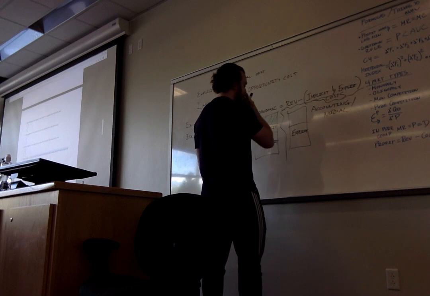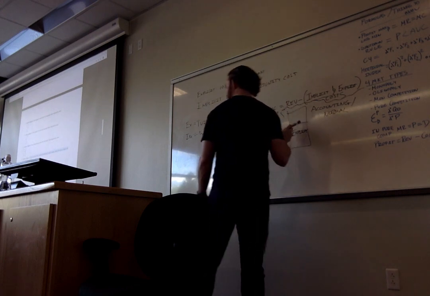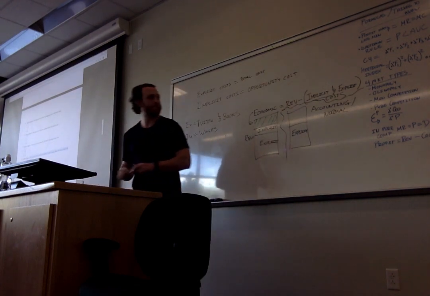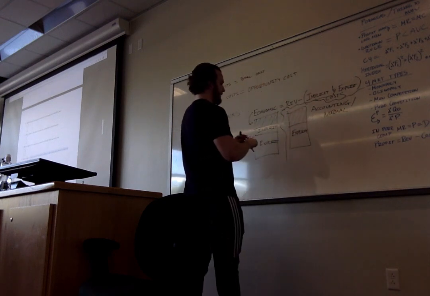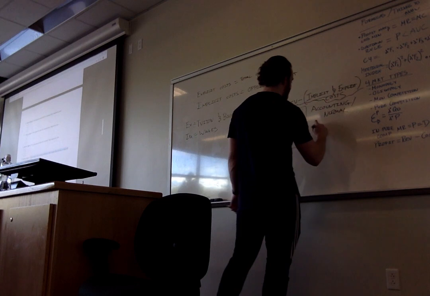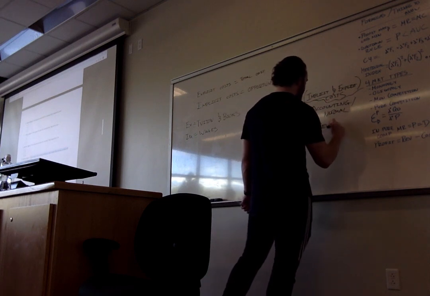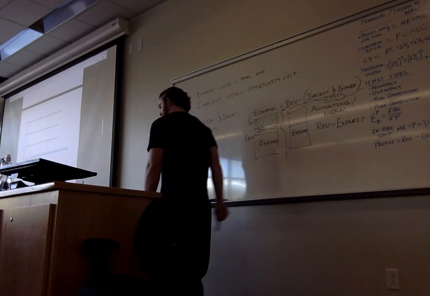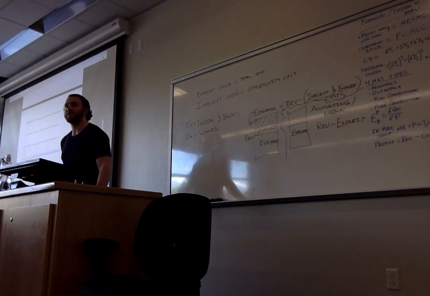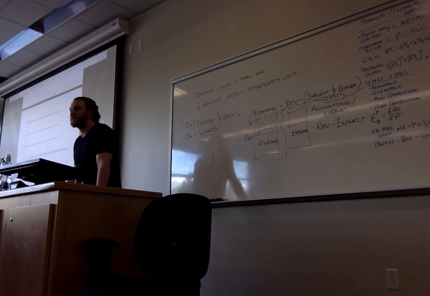Explicit costs, and then that would be your accounting profit right there. So that's just revenue minus explicit. Okay, any heartburn on that one? Are you guys okay with this?